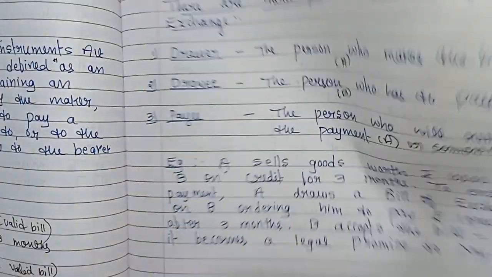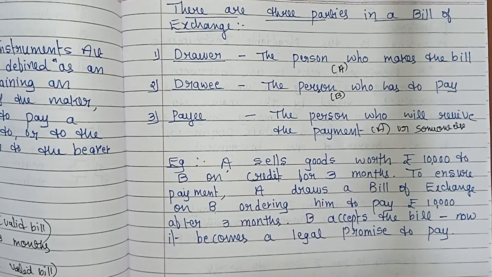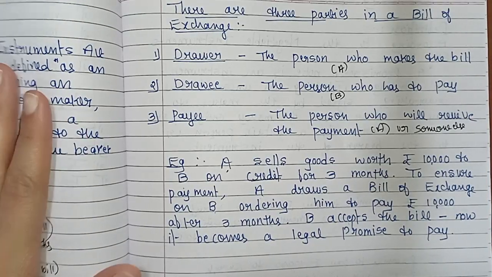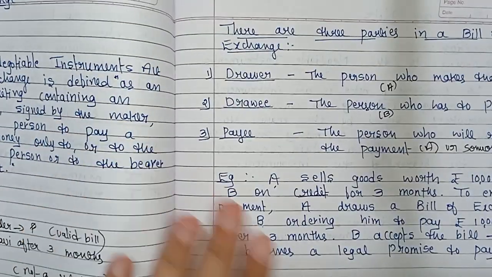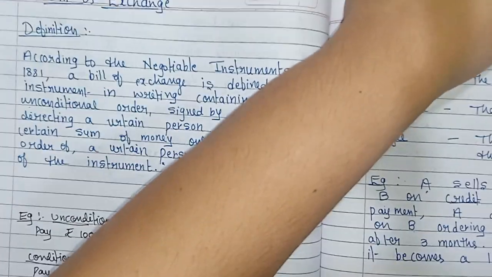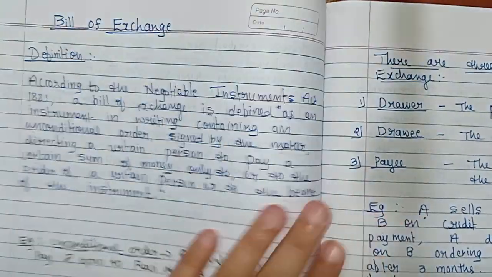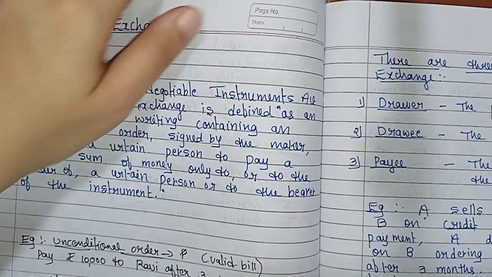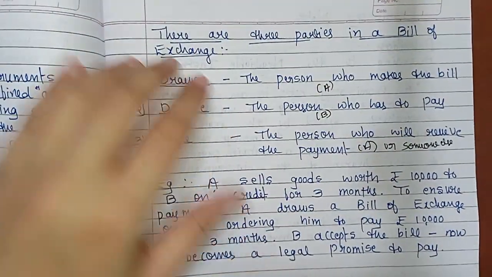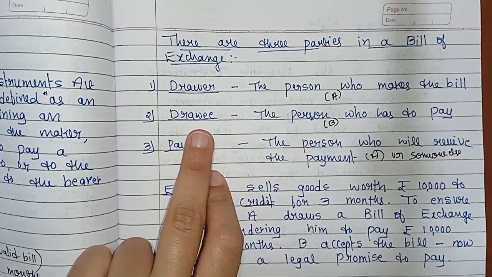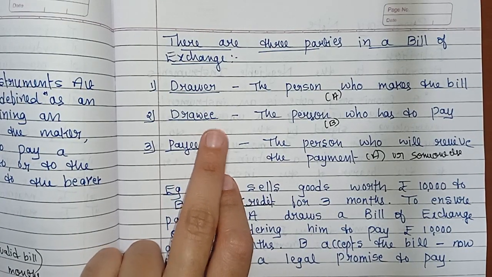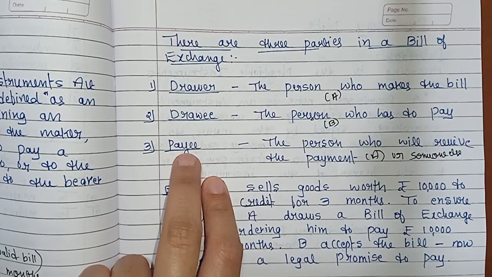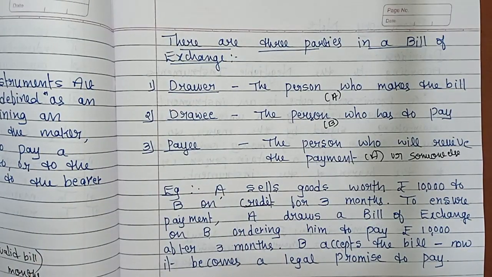Clear? And another difference between bill of exchange and promissory note is, bill of exchange is an order to pay. Here the drawer gives an order to the drawee to pay a certain amount to the payee, or to the drawer himself.